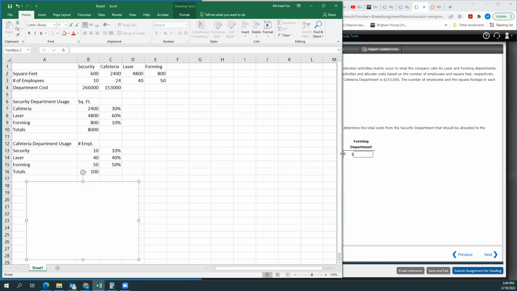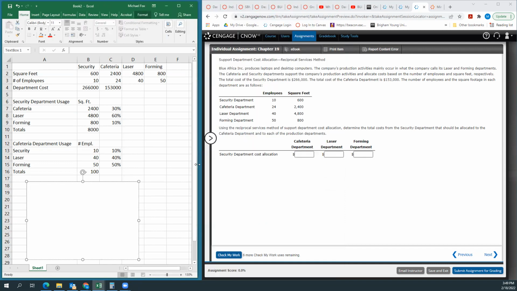And I'll walk you through the process. So we know that the cafeteria cost, which we're going to call C, equals the $153,000 department cost plus 30% of the security department's cost.